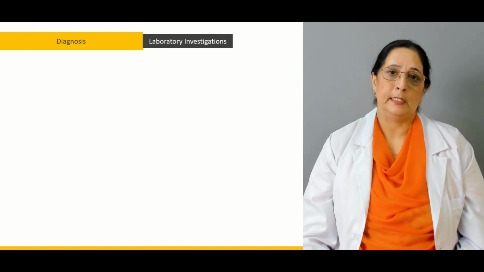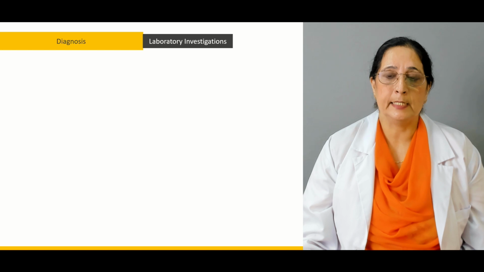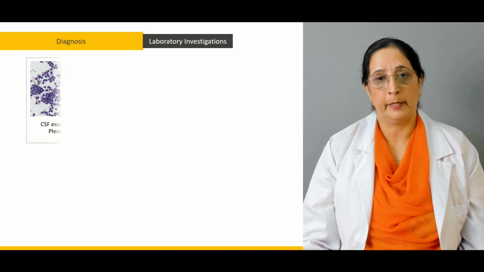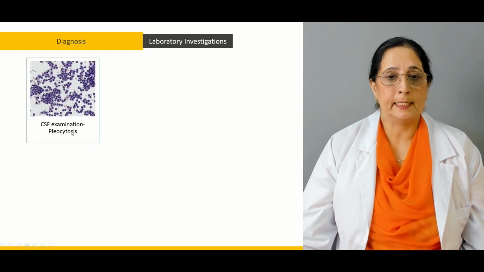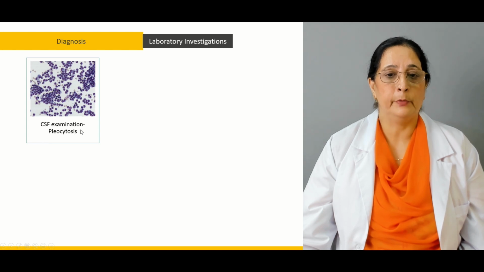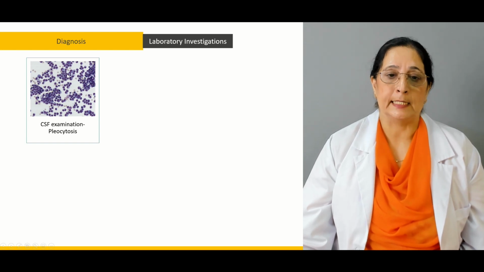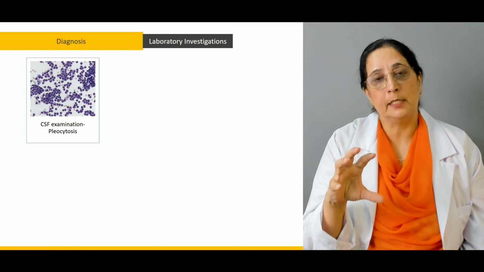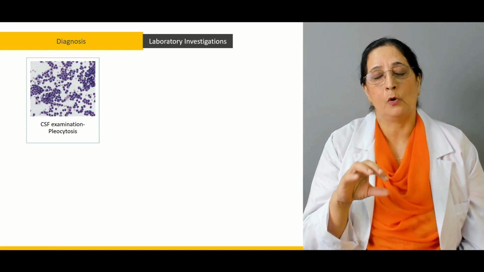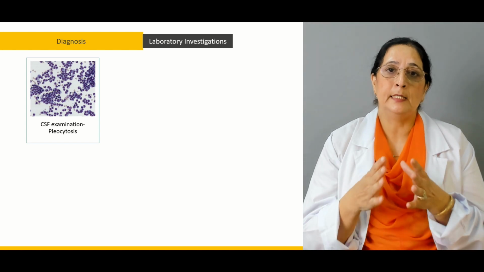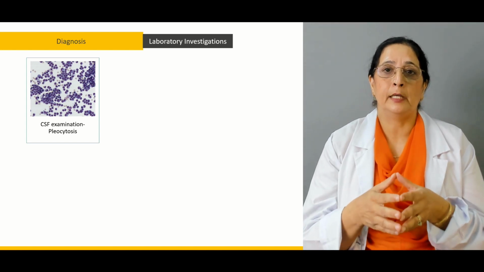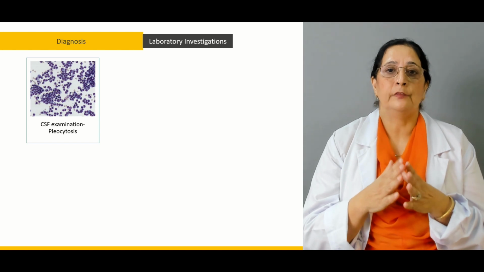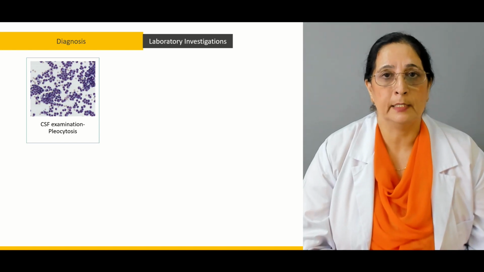The diagnosis: what are some lab investigations for rabies? CSF, cerebrospinal fluid examination shows pleocytosis, an increase in the number of cells. Cerebrospinal fluid flows in the brain and spinal cord, and since rabies affects the brain and spinal cord, its examination is important.